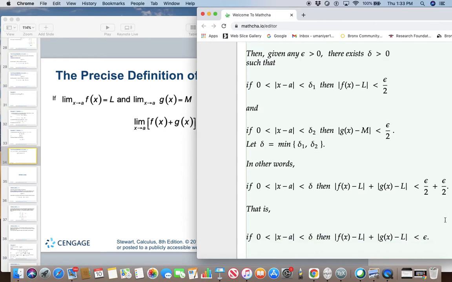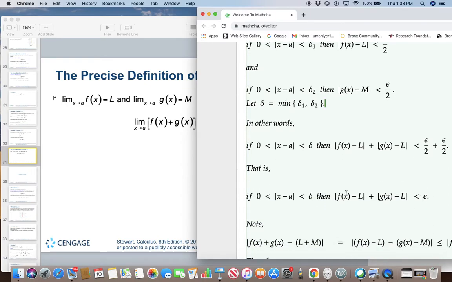You see? In other words, I found a delta such that if the distance between x and a is less than delta, then the absolute value of f(x) minus L plus the absolute value of g(x) minus M is less than epsilon. Okay, epsilon by 2 plus epsilon by 2 is epsilon.